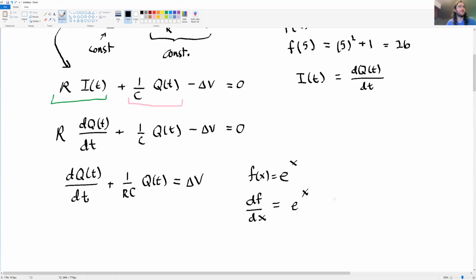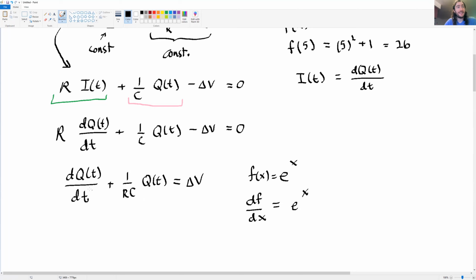So the derivative of the function is equal to the function. And so that's kind of what we got going on over here. We have a derivative and we have the function itself, and we have to be able to add those together to get a constant, right?